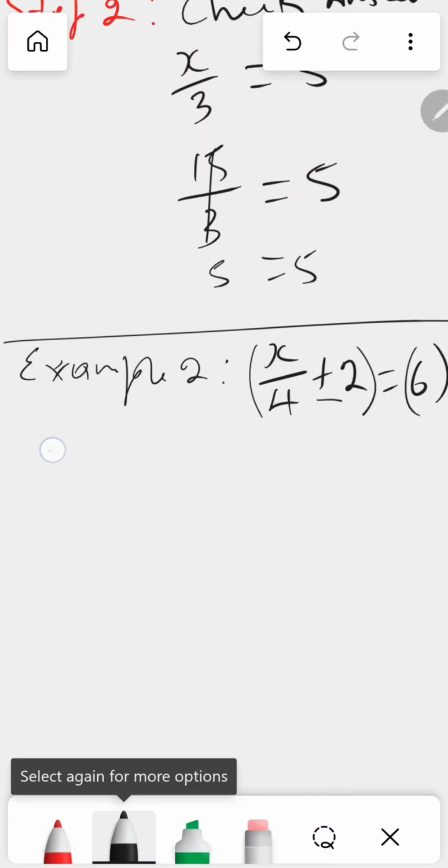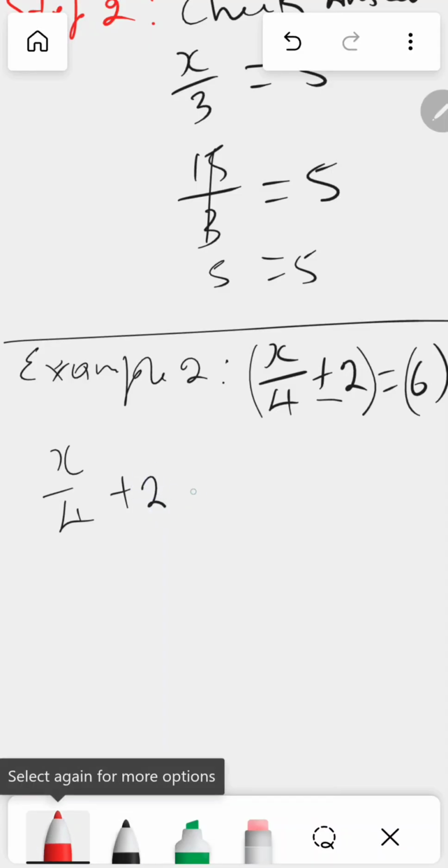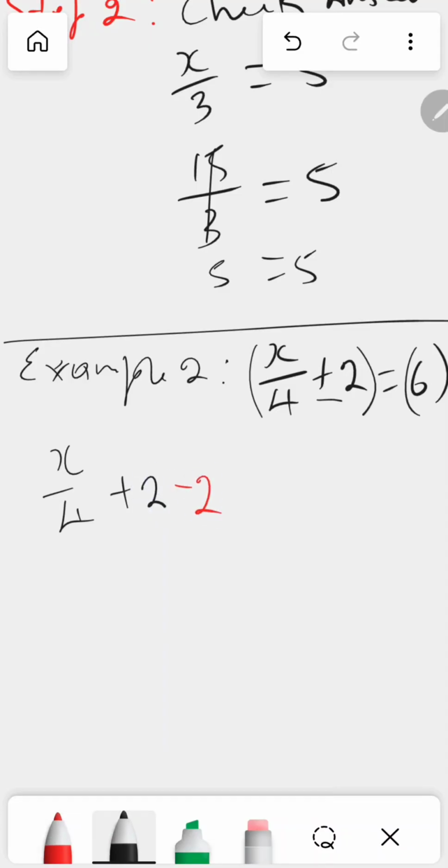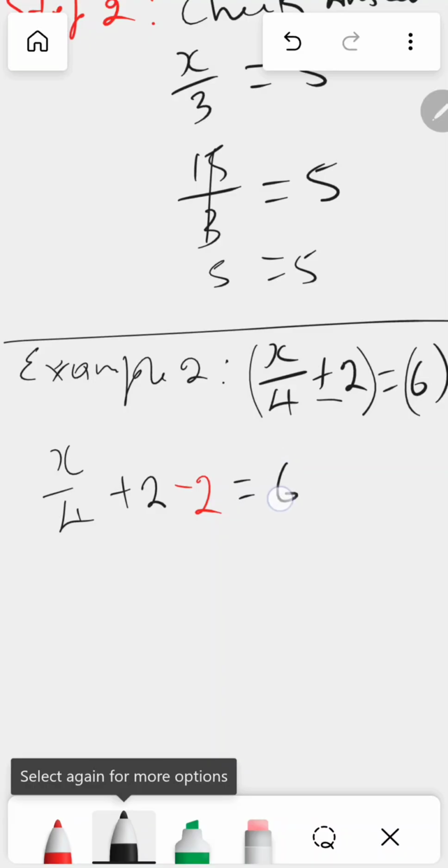So let's go. We'd have x over 4 plus 2, now we minus 2, equals 6 minus 2. So we did it on both sides. We'll end up with x over 4.